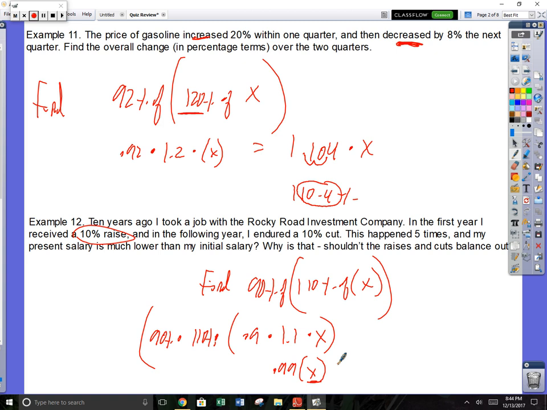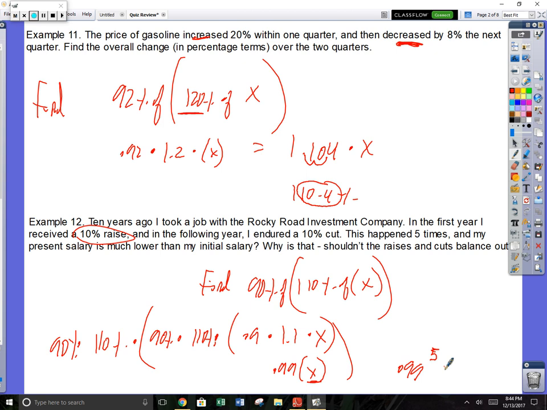Then by 110%. Then by 90%. So I keep going over and over. Repeated multiplication is the same thing as an exponent. So I'm going to keep getting this 99%. So I'm going to do 0.99 to the 5th power, cycling through that 5 times.